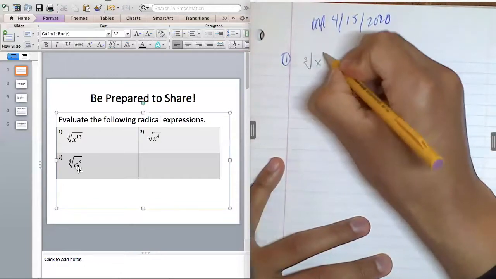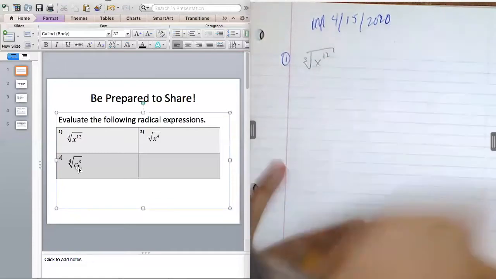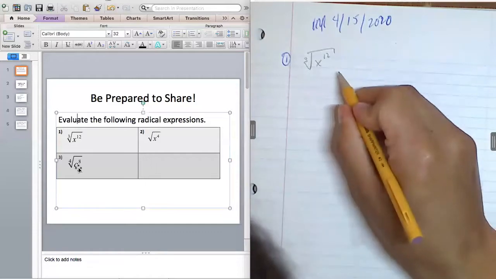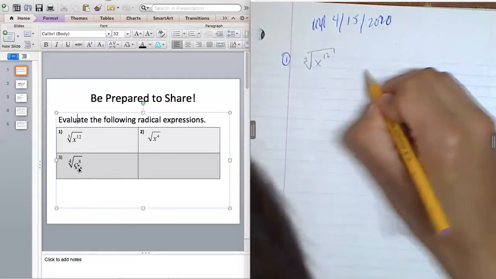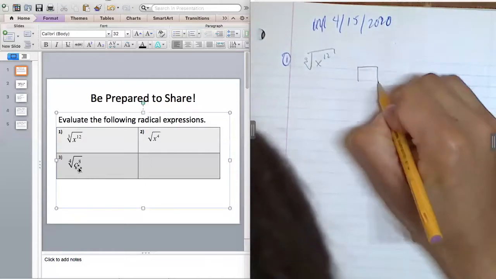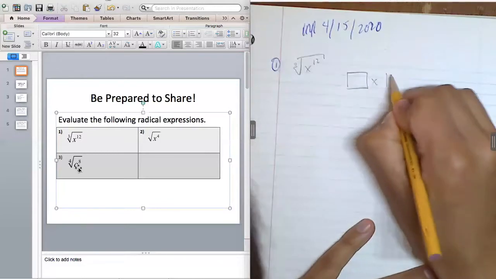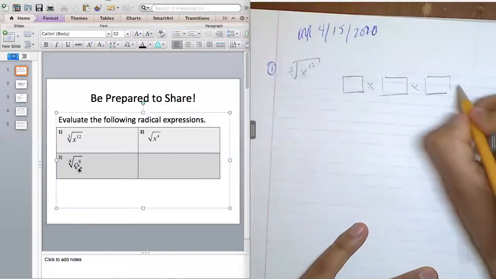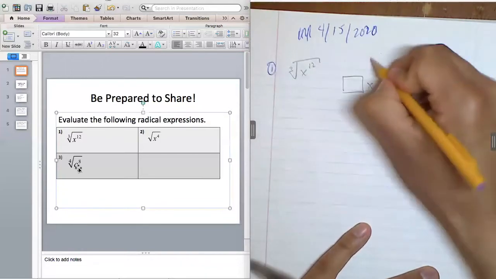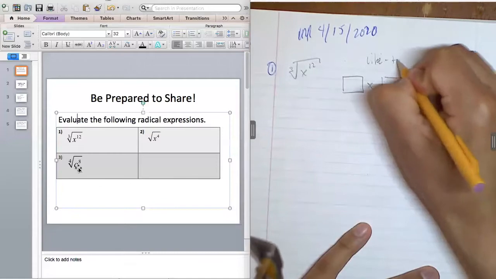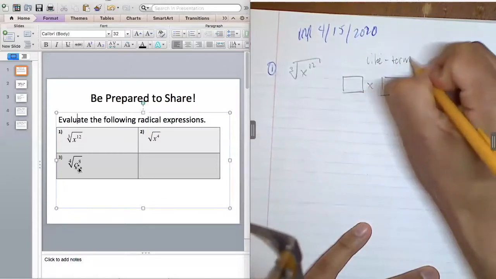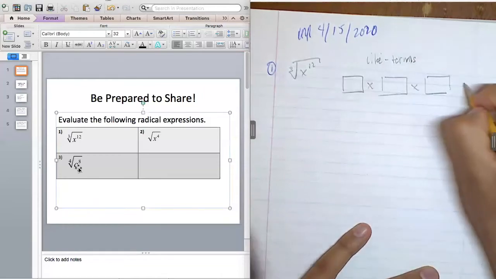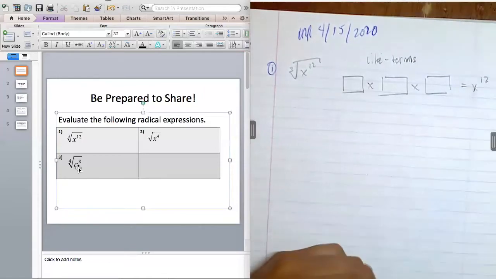So number 1, the third root of x to the 12. What is this problem asking for? It's asking for 3 like terms that when multiplied give you x to the 12. It may be helpful to set it up like this.